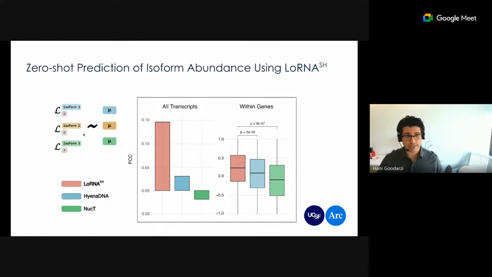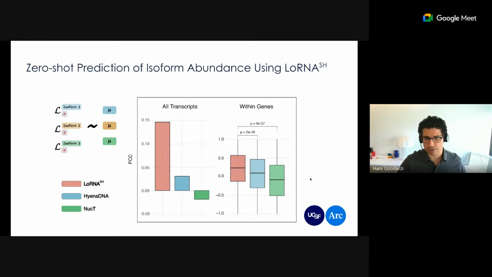We can also do this correlation gene by gene. For every gene, we ask how the likelihood of isoforms of that gene is correlated with the expression of isoforms of that gene. And so you get a distribution of values. Again, our model does a pretty good job of capturing that even gene by gene, going from an average of about 0.2 to 0.5.